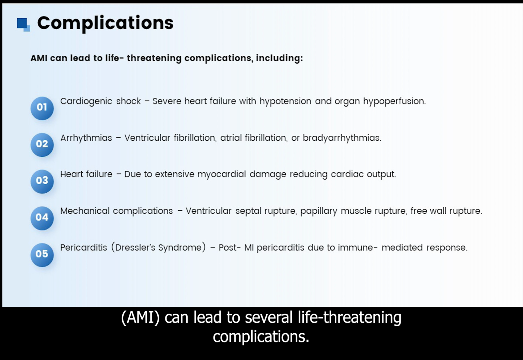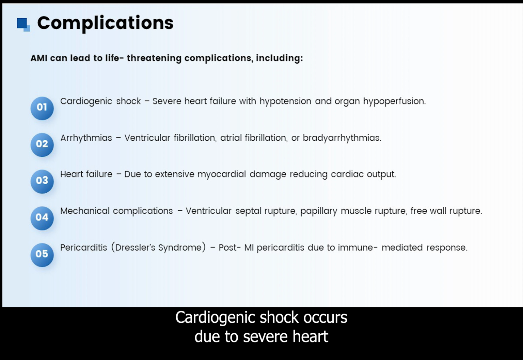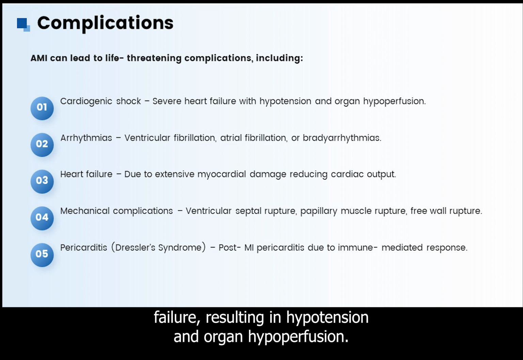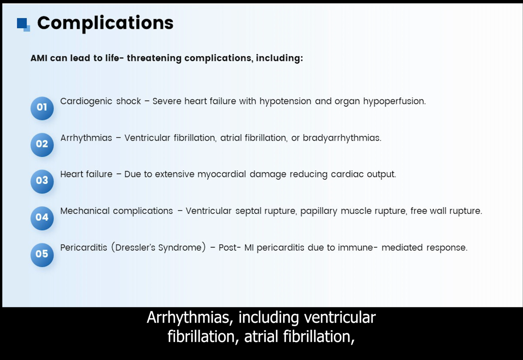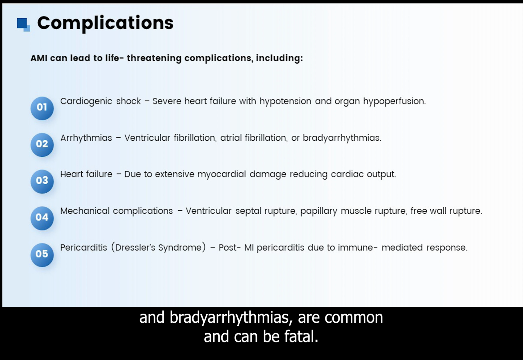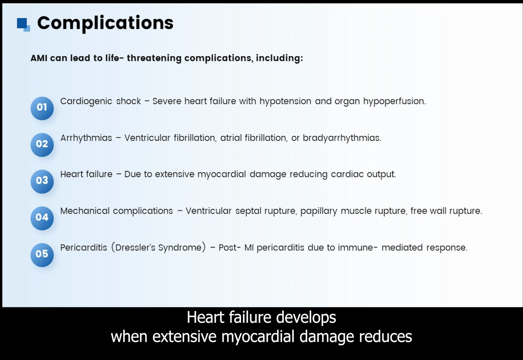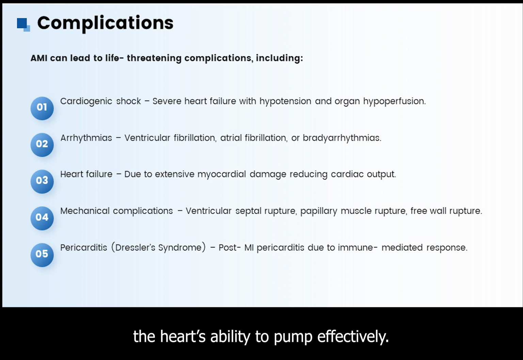Acute myocardial infarction can lead to several life-threatening complications. Cardiogenic shock occurs due to severe heart failure, resulting in hypotension and organ hypoperfusion. Arrhythmias, including ventricular fibrillation, atrial fibrillation, and bradyarrhythmias, are common and can be fatal. Heart failure develops when extensive myocardial damage reduces the heart's ability to pump effectively.